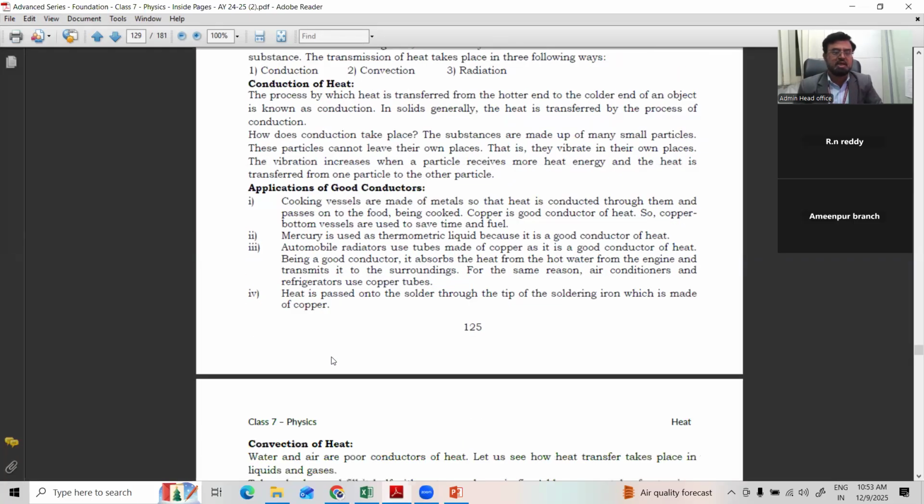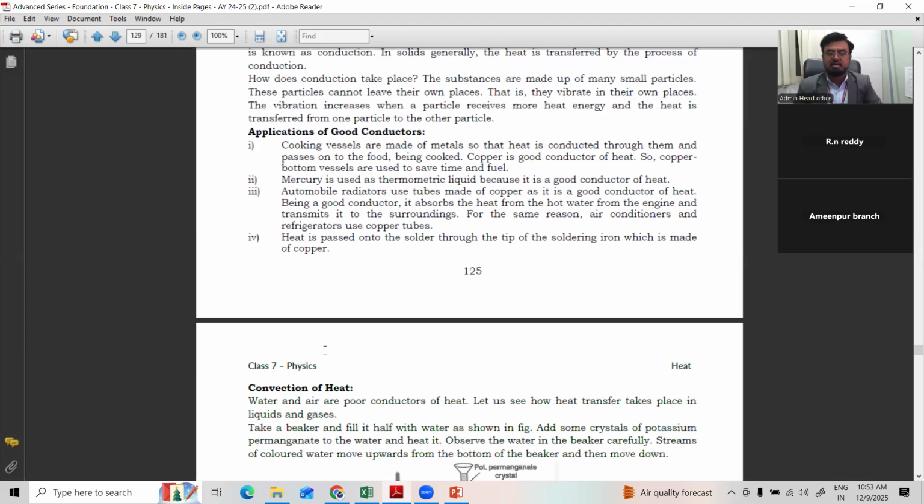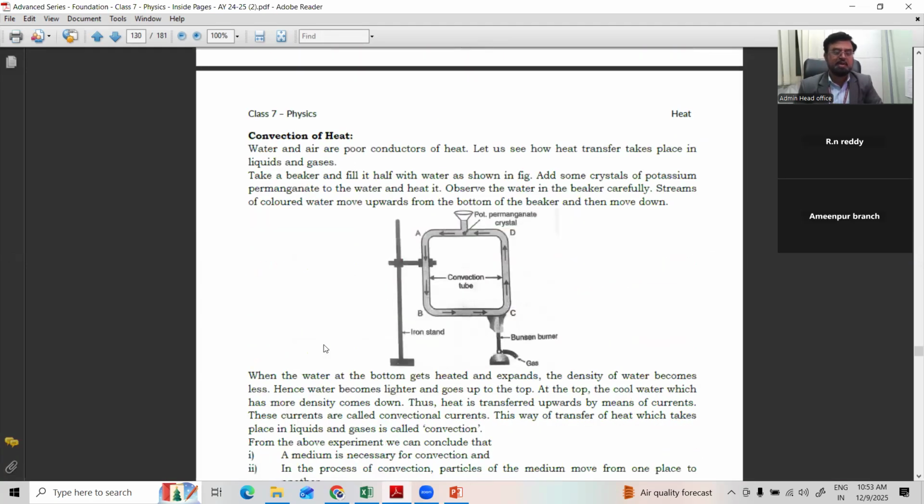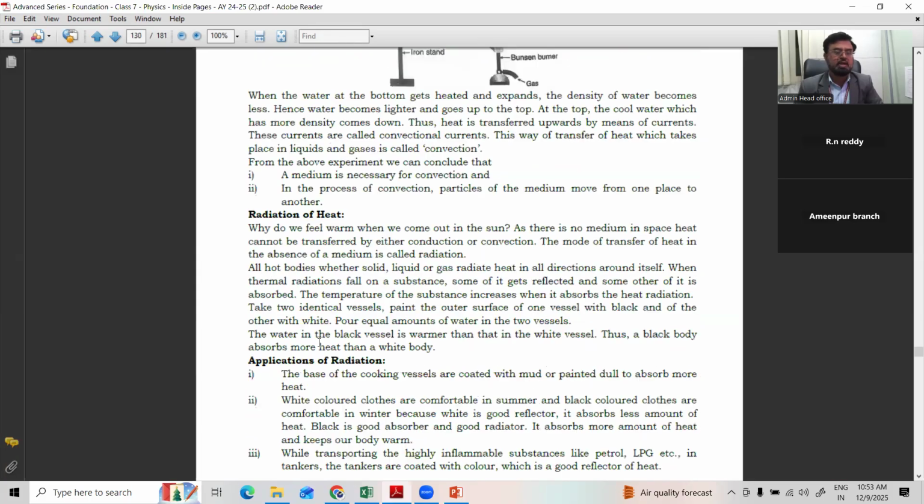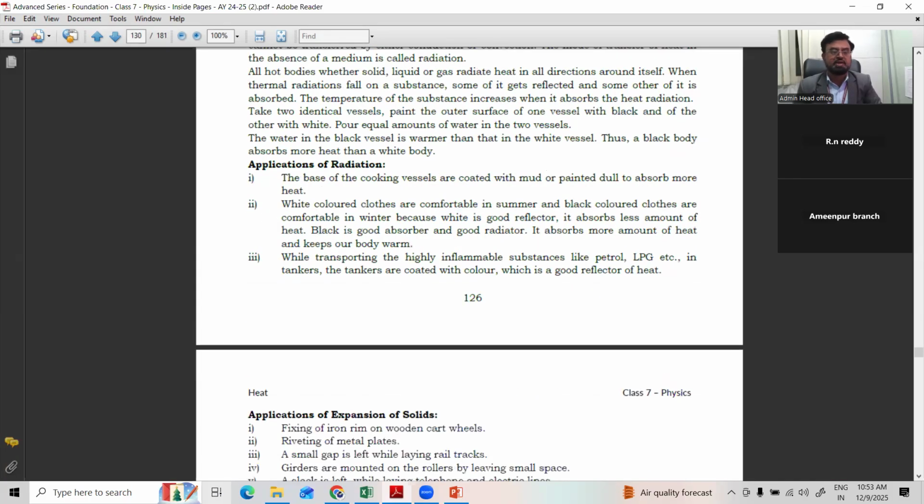So in transmission of heat, you have seen conduction, with so many applications given. Convection, there are so many applications. And of course, applications of radiation of heat. The bases of cooking vessels are coated with mud or painted dull to absorb more heat. White colored clothes are comfortable in summer and black colored clothes are comfortable in winter because white is a good reflector.